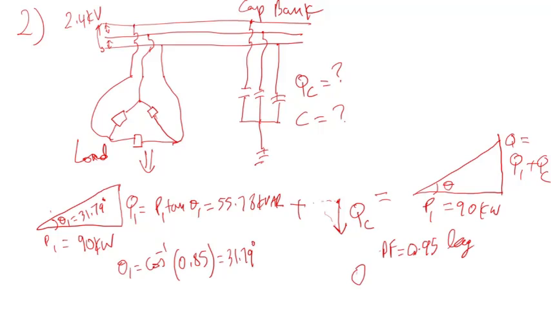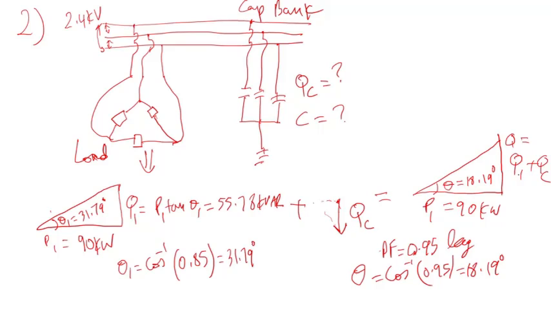The theta equivalent to this power factor is the inverse cosine of this power factor, which is 18.19 degrees, and it's lagging, so it's positive. So theta is equal to 18.19 degrees.